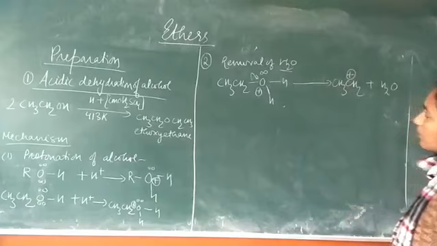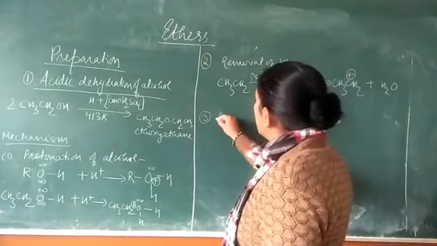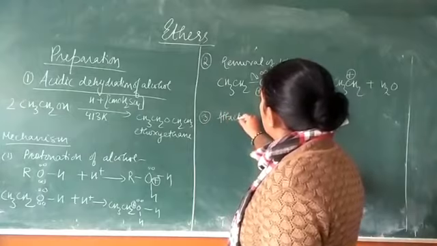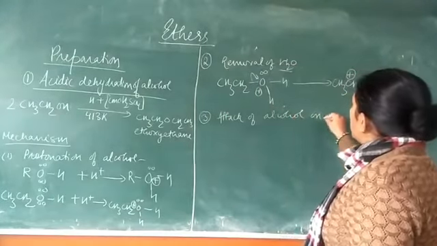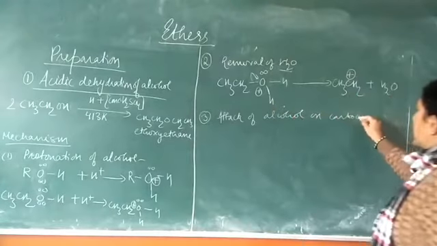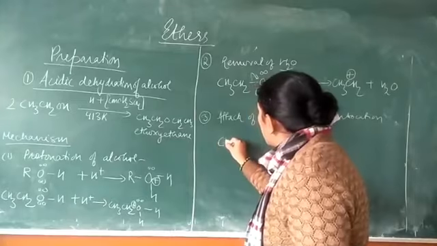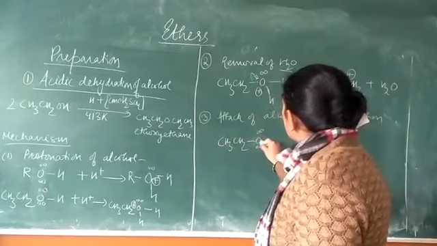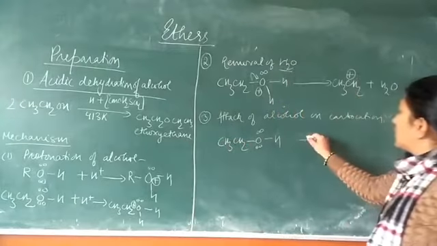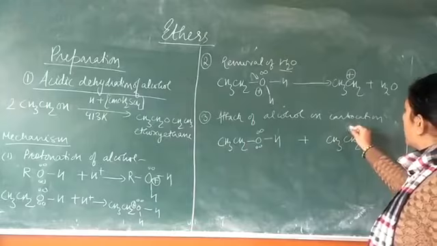So we get a carbocation formed here. Student, the third step is the attack of alcohol on the carbocation. So another alcohol molecule, which is CH3CH2 with H plus, attacks CH3CH2 positive.